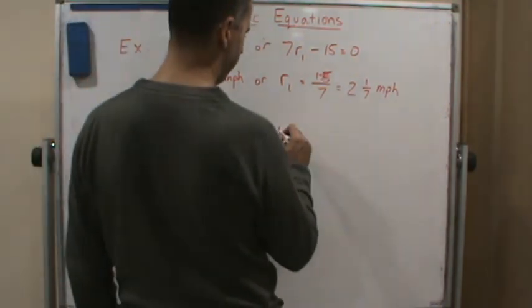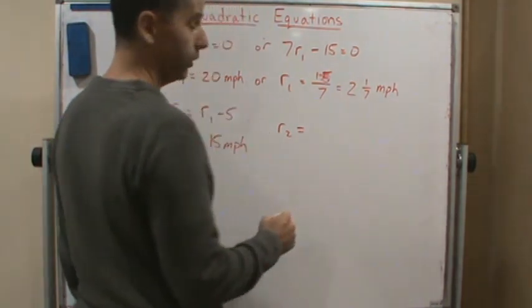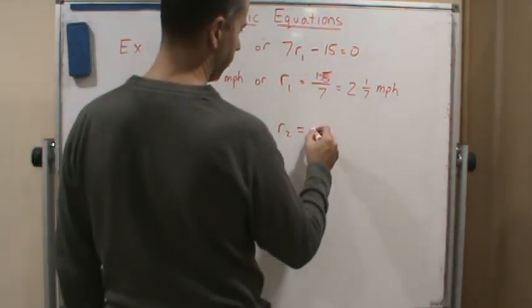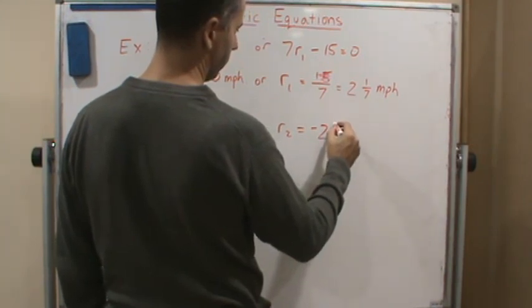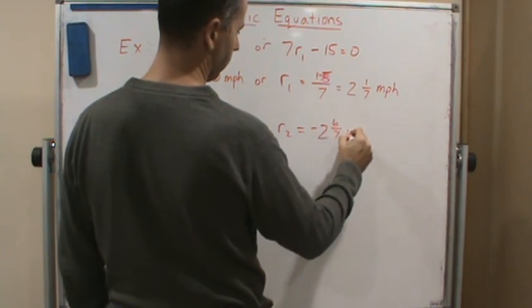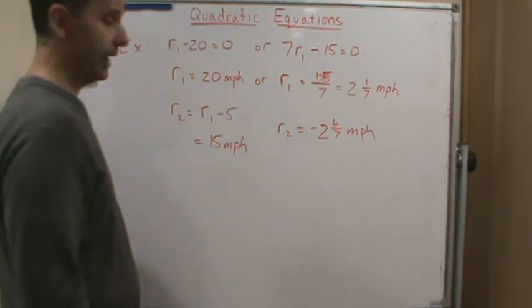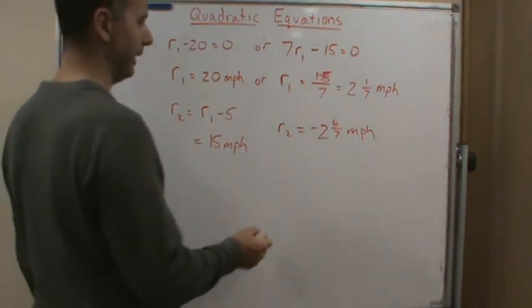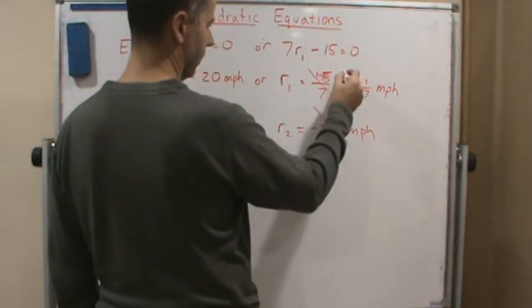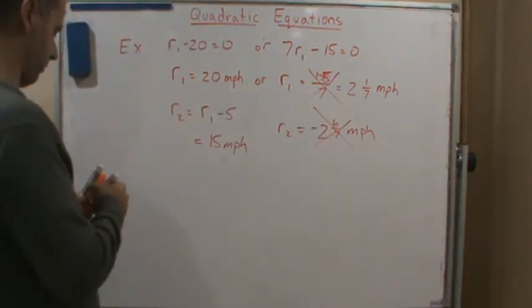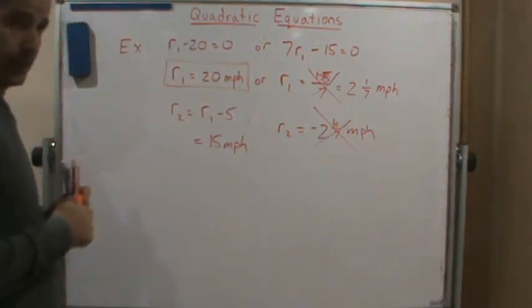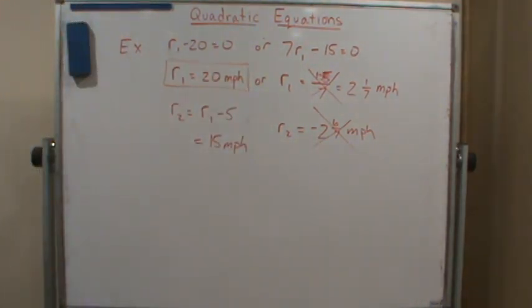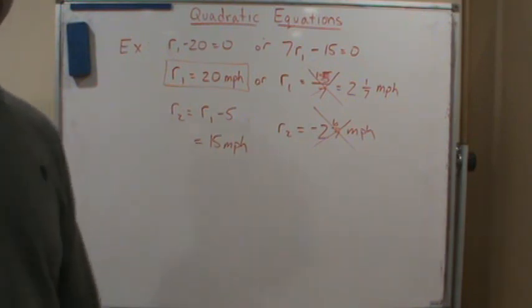Over here, R2, you end up with a negative answer. So that means this can't be right. So the average speed to the camp was 20 miles per hour. And we're done. Take care.